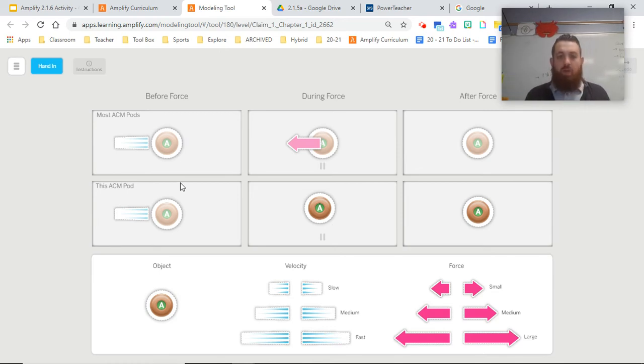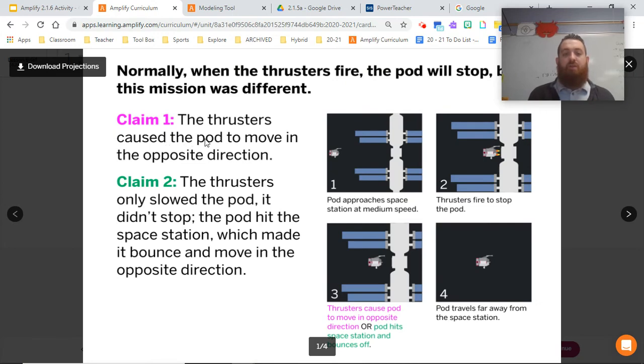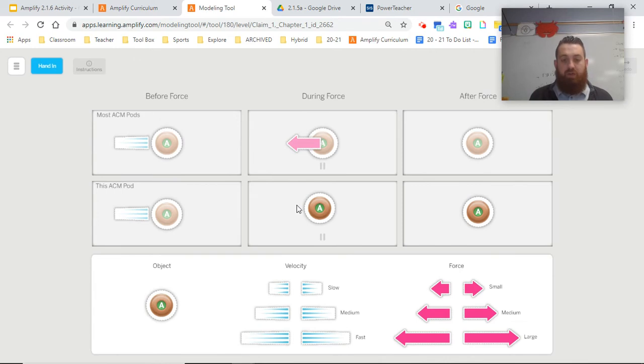So thinking about our very first claim, the thrusters cause the pod to move in the opposite direction. Okay, so we know we have a medium force approaching. We have to apply some sort of force to cause it to move in the opposite direction. So this is where you're going to add velocity tails and force arrows to show that claim 1. And then you'll hit your hand in button when you're done. All right, so that's claim 1. It's going to walk you through how to turn that in next.